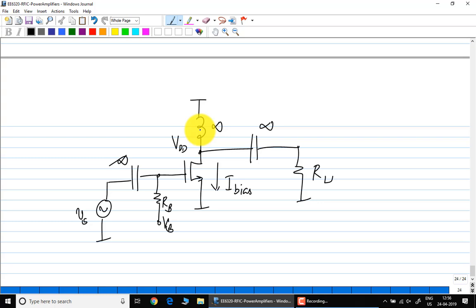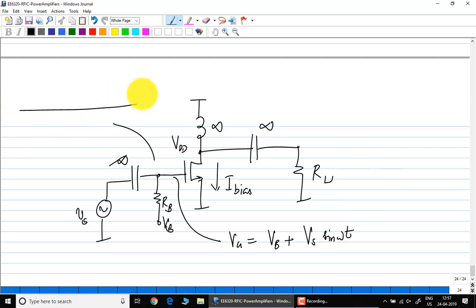So remember, what is the gate voltage? It is basically VB plus sin omega t, correct? So if I were to plot this, I have something like this. This is Vs, capital Vs.